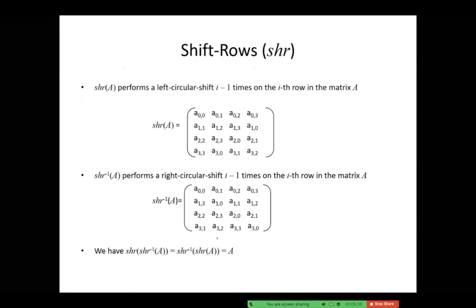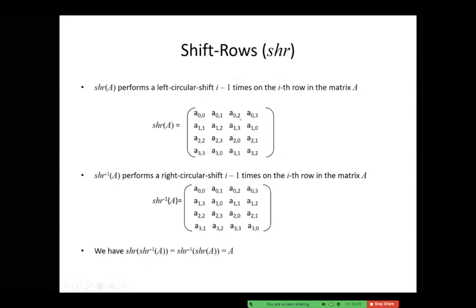Shift rows is pretty straightforward. You shift each row, starting from row 0, with a left shift of 0 times. If you think of this as the first row, you shift it 0 times.